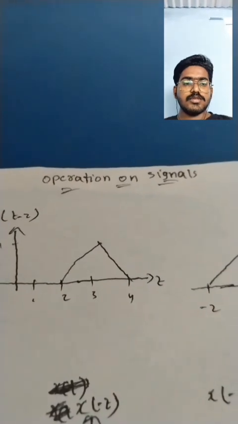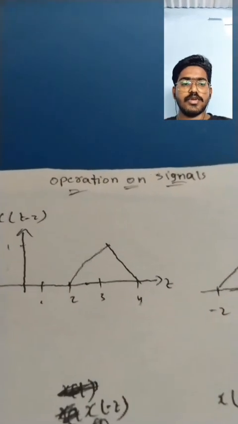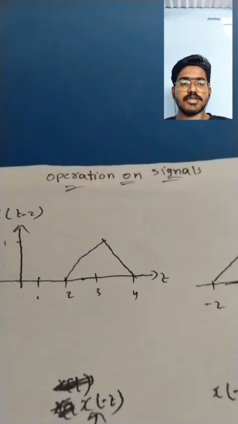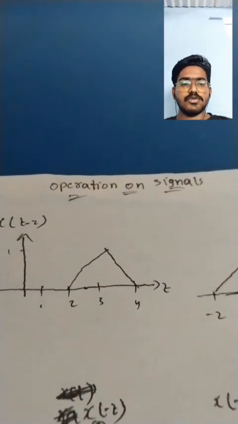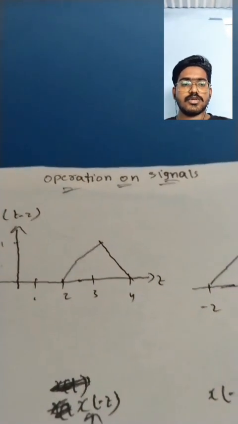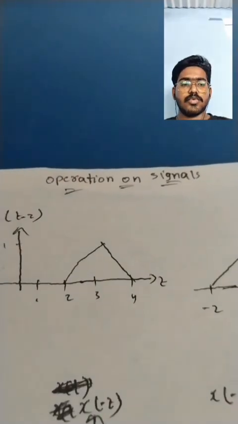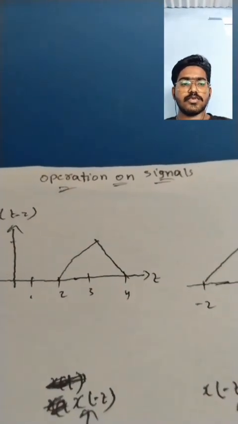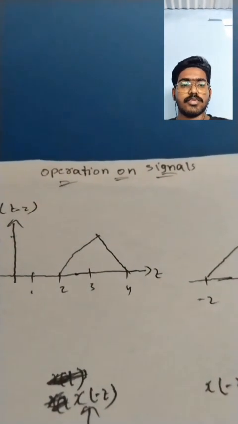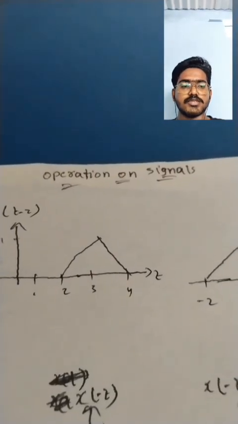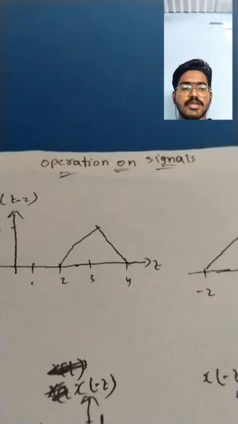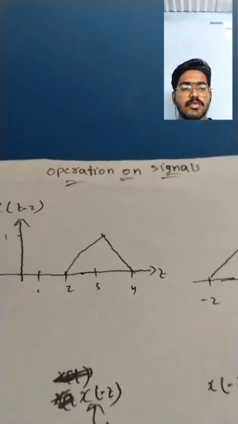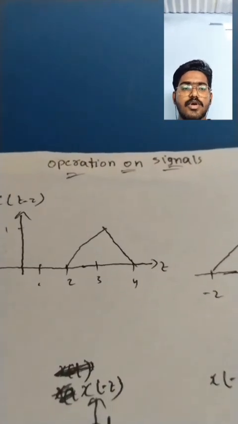First, signals are the way information is represented in engineering systems such as audio, video, and communication signals. To properly use them, we often perform certain operations. These operations are classified into two main categories: time domain and amplitude domain.